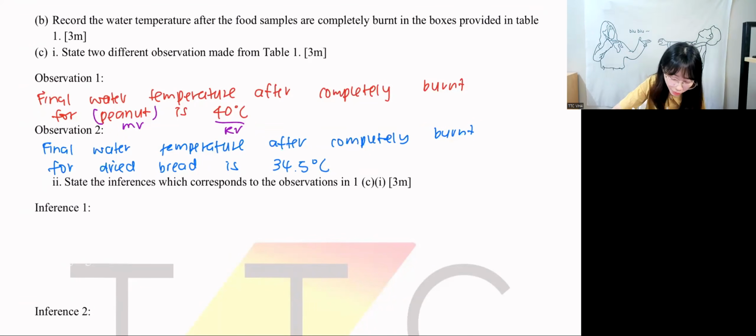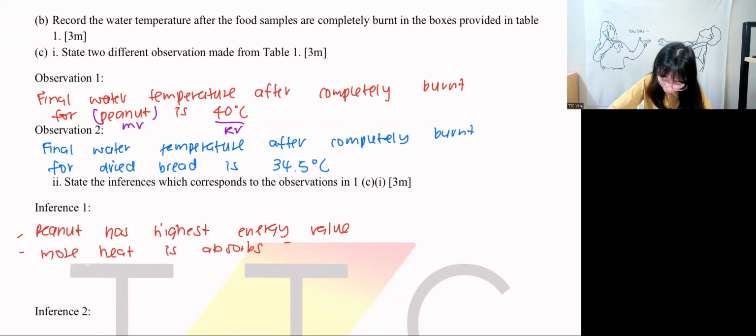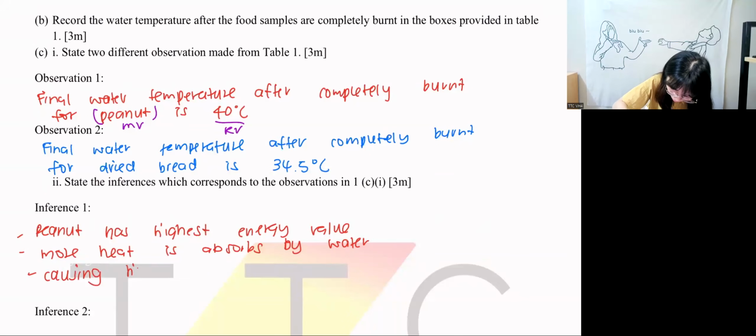So to write your inference 1 for your peanut, you have to say: peanut has highest energy value, so more heat is absorbed by water, causing higher increase in temperature of water.